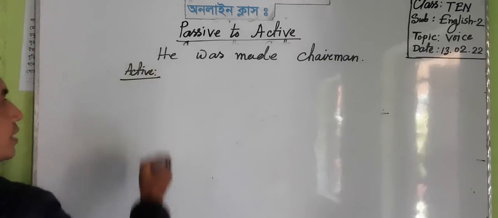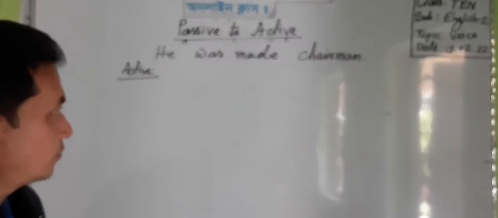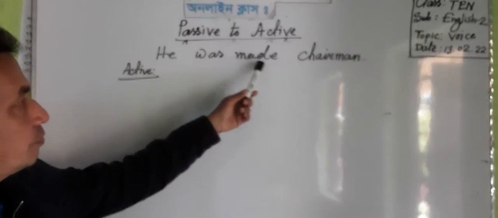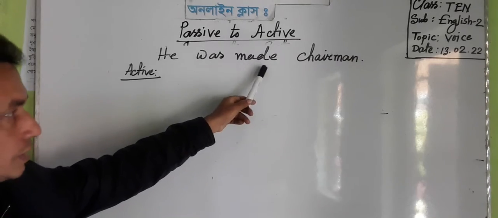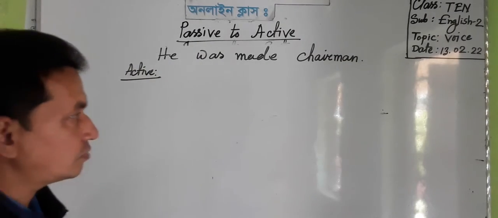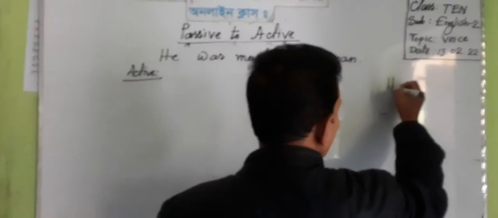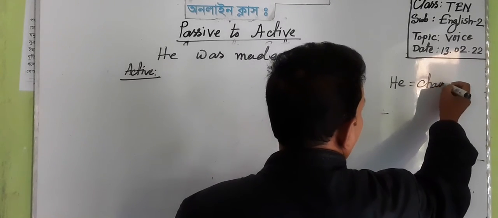Dear students, this is a very important example of passive voice. He was made chairman. Made is the verb and chairman is the factitive object, because chairman and he are the same person. He is equal to chairman.